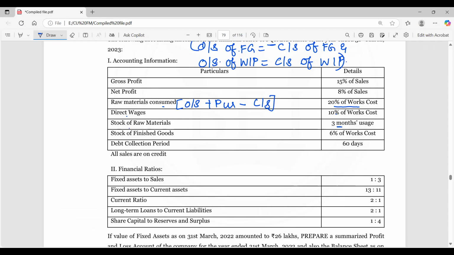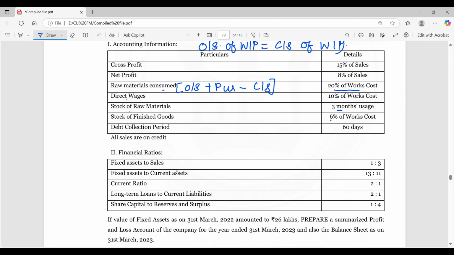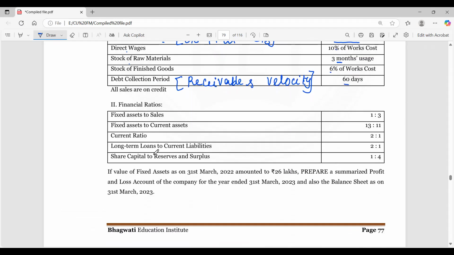Stock of raw material is 3 months usage. So how to calculate it? We will discuss while doing the question. Stock of finished goods is 6% of works cost. Debt collection period is 60 days, which is nothing but receivables velocity. 60 days.